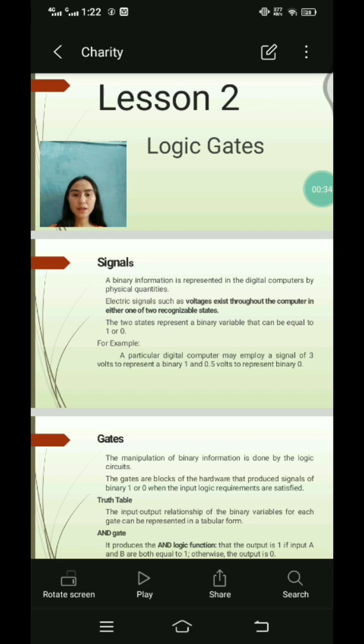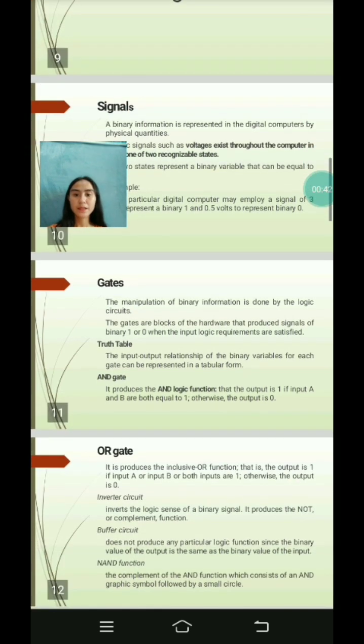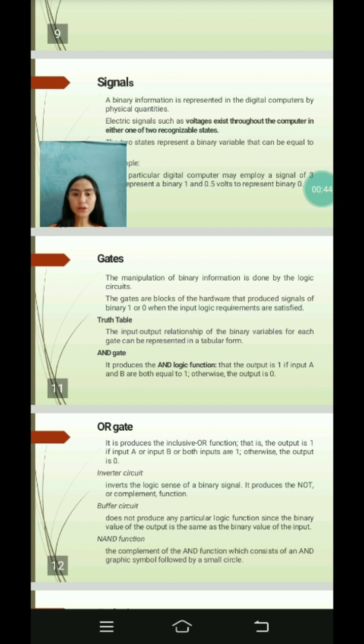Electric signals, such as voltage, exist throughout the computer in either one of two recognizable states. The gates: the manipulation of binary information is done by logic circuits. The gates are blocks of hardware that produce signals of binary 1 or 0 when the input logic requirements are satisfied.